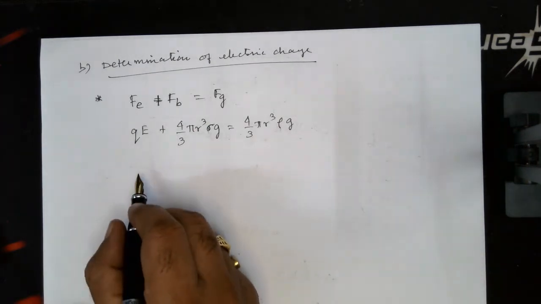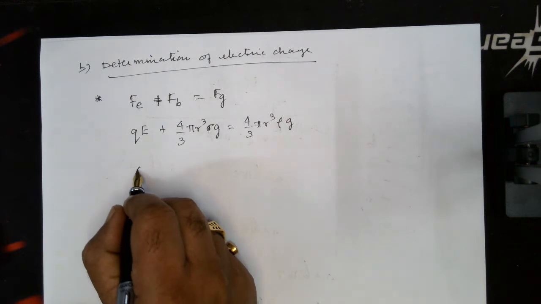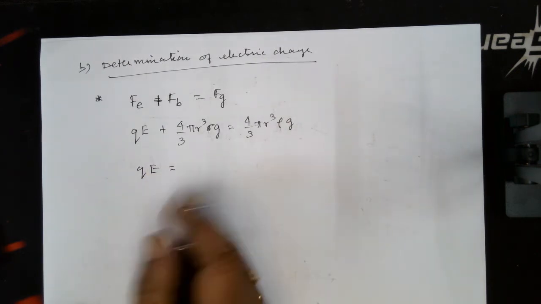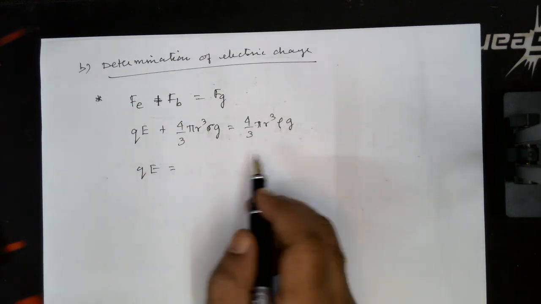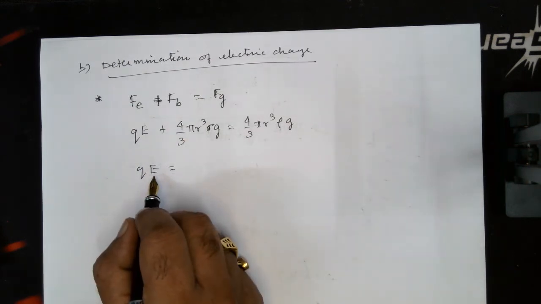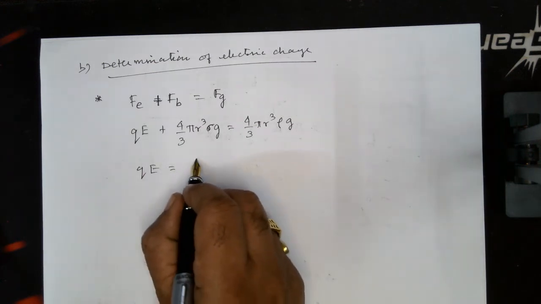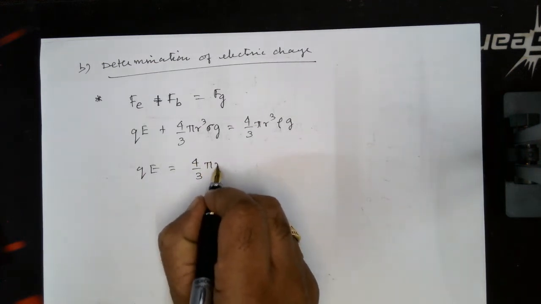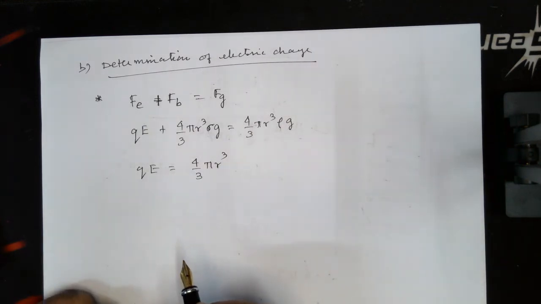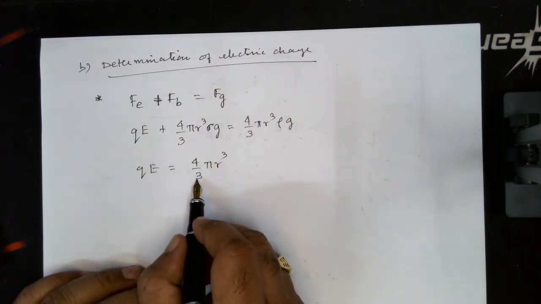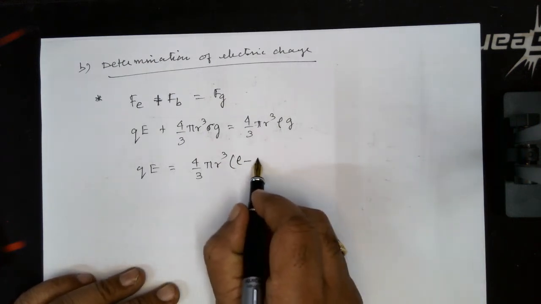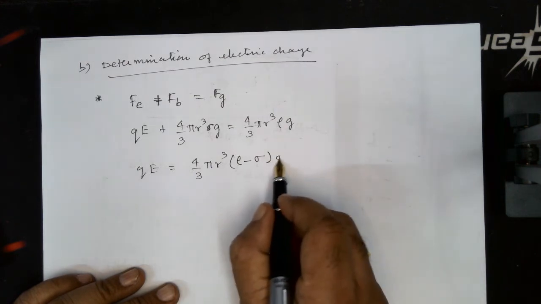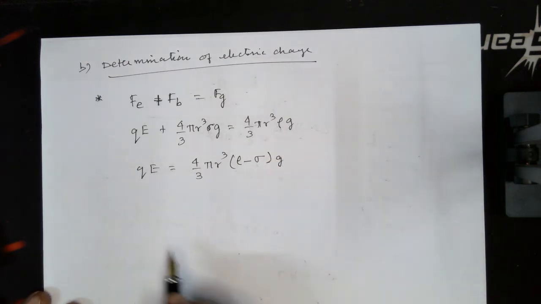Now this QE is equal to, we can bring this here, otherwise you can bring it here. So QE is equal to 4 by 3 pi r cube, right? 4 by 3 pi r cube into rho minus sigma into g, and from this we can calculate q.